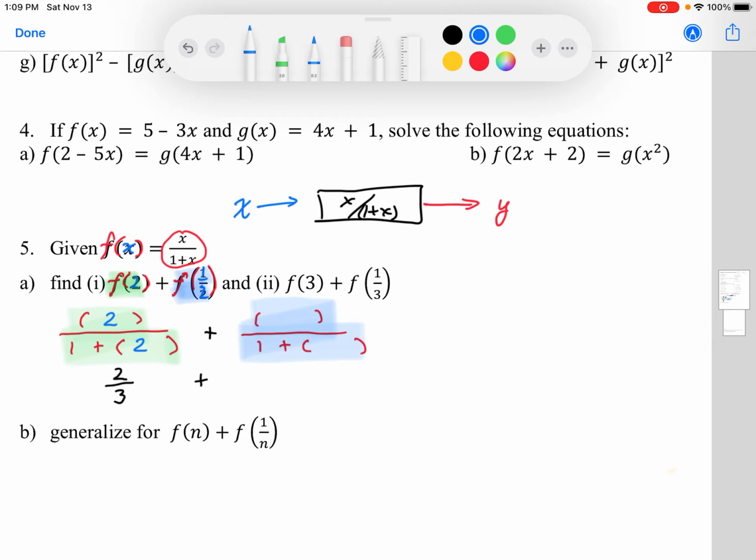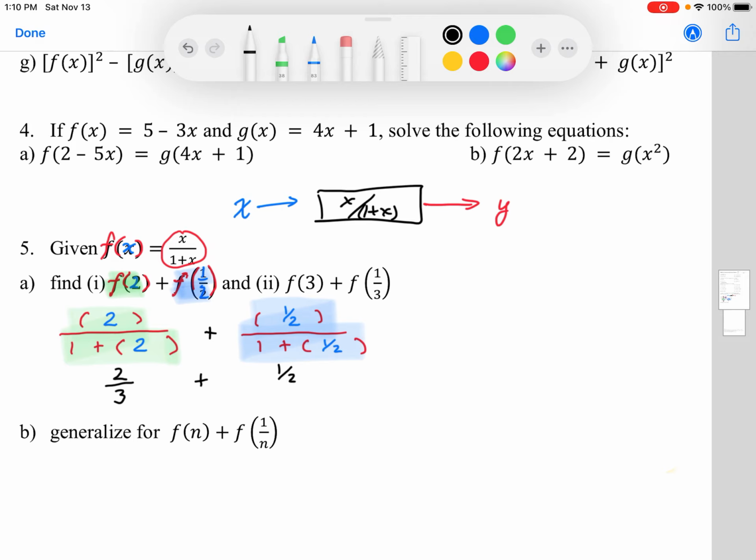For the second portion, we're going to do the same thing. We're going to input the 1/2 into the input of our function. So we take the input 1/2 divided by 1 plus the input of 1/2. So we've done the second part of that function, and once we've done that, we can evaluate this.